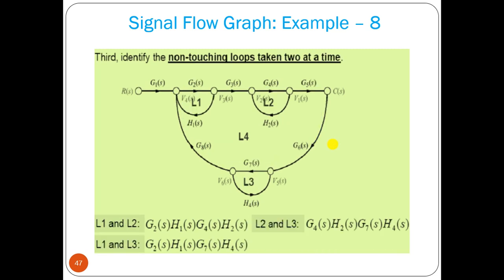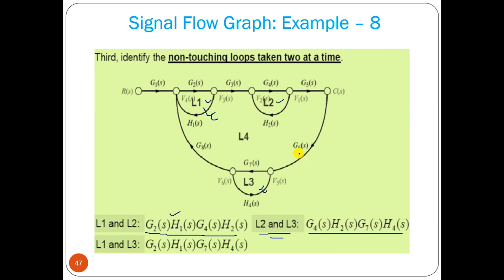Now we can look for non-touching loops. What we can see is that L1, L2 are non-touching with each other, so we can find their gain. L1 and L3 are also non-touching with each other. L2, L3 we can also find their gain.